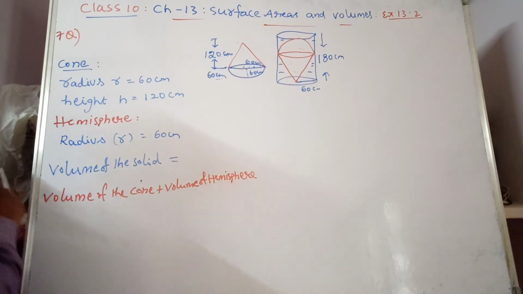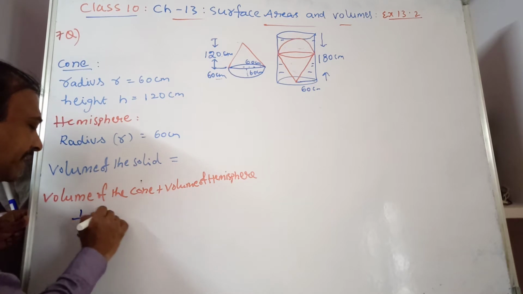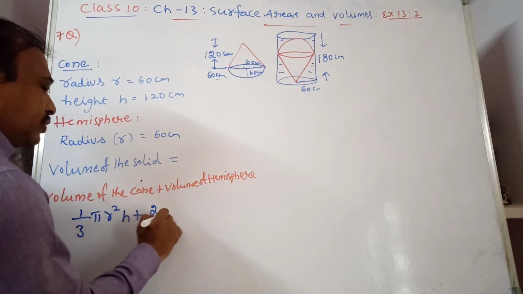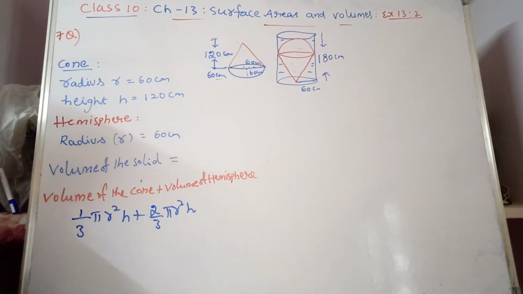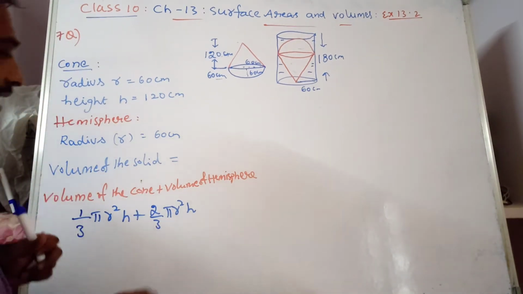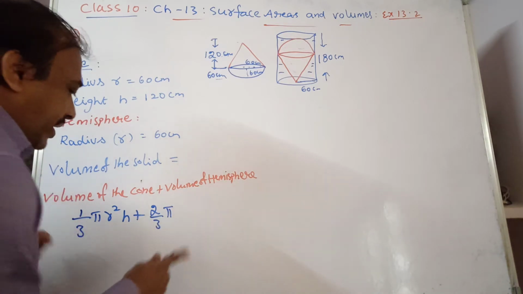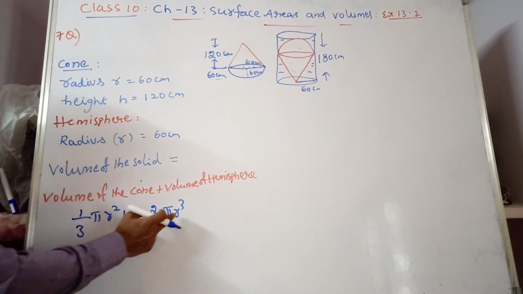Volume of the cone formula we know is 1 by 3 pi r square h, plus volume of the hemisphere is 2 by 3 pi r cube. I am very sorry, volume of the hemisphere is 2 by 3 pi r cube.